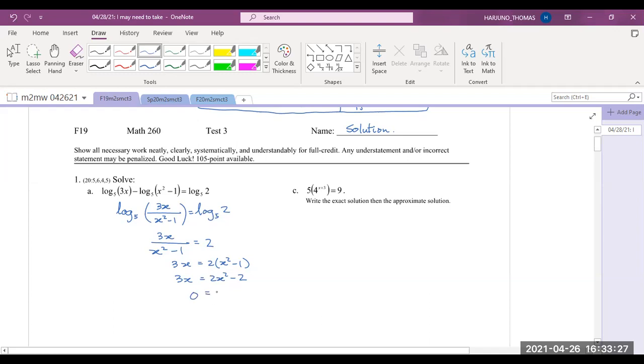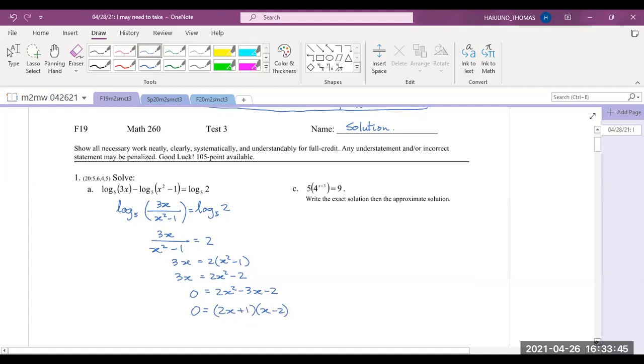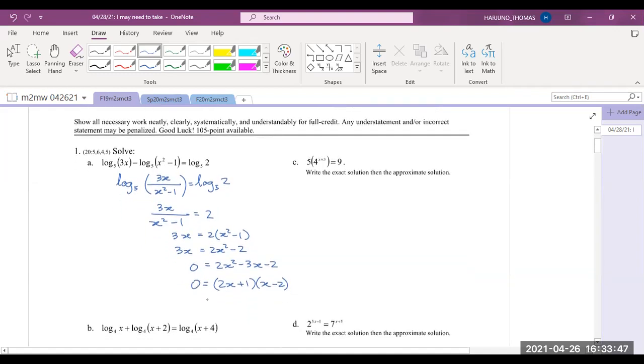So 0 equals 2x squared minus 3x minus 2. I can factor it, I believe. 2x times x minus 2, and this must be plus 1. So we get x equals -1/2 or x equals 2.